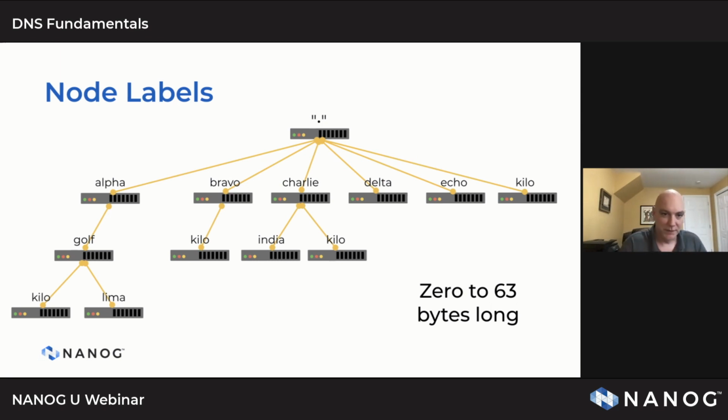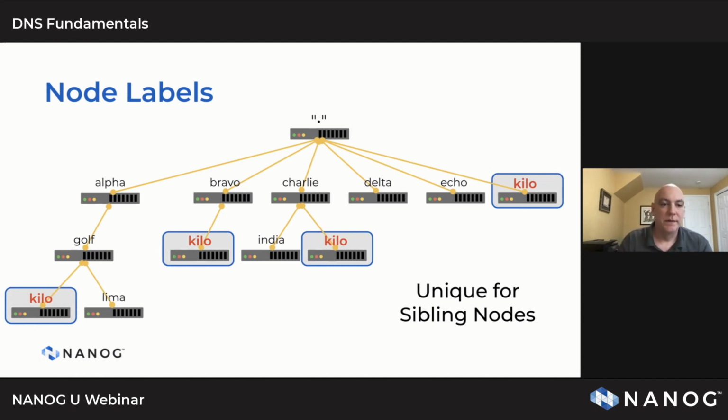So you have root, and below that, in this example, you have Alpha, Bravo, Charlie, and so on. Those would be your top level domains. Now, in practice, those top level domains are things like .com, .org, .net, .us. There are lots of them now. And then the ones below that can either be third level domains, or they might be subdomains of the top level domain. We'll talk about all that.